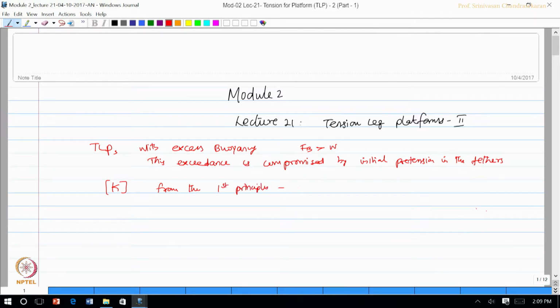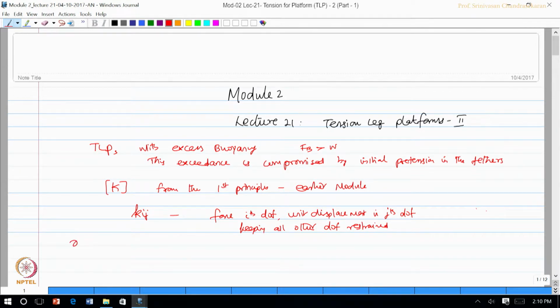What we learned from the earlier lectures and earlier module: we are developing the stiffness coefficients, trying to find the force in the ith degree of freedom by giving unit displacement in the jth degree, keeping all other degrees of freedom restrained.